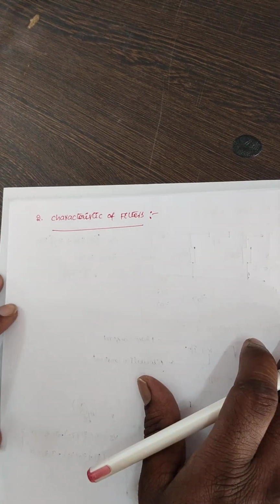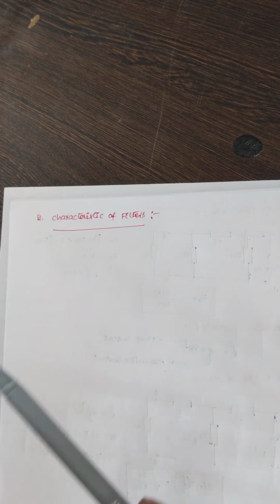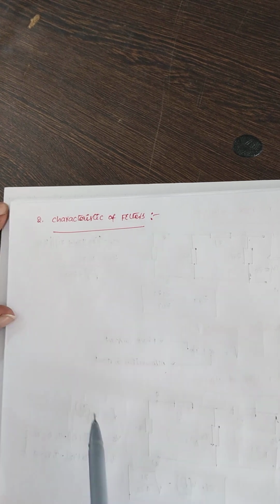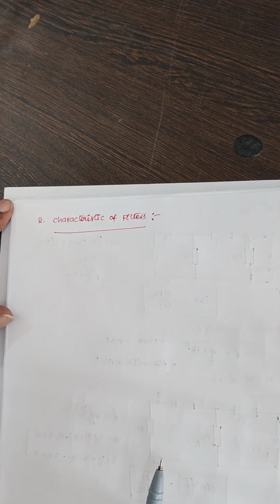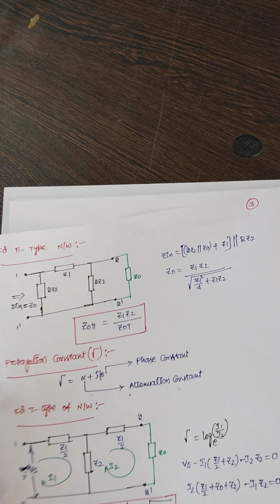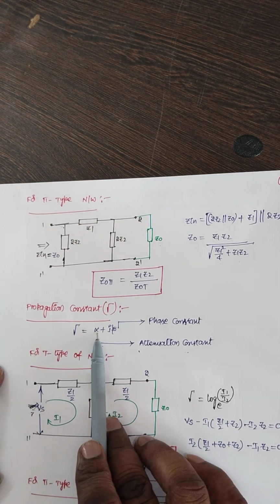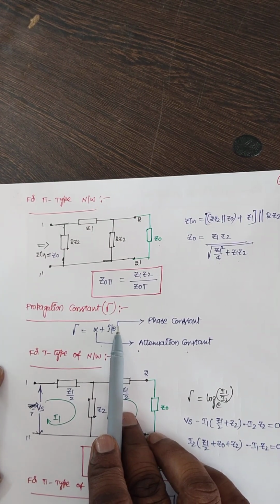So in this characteristic of filters, what we are going to study are the expressions for attenuation constant alpha and phase constant beta.